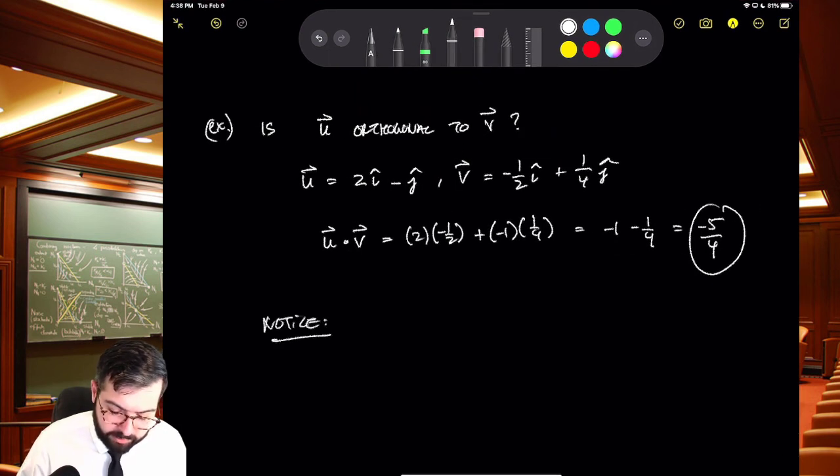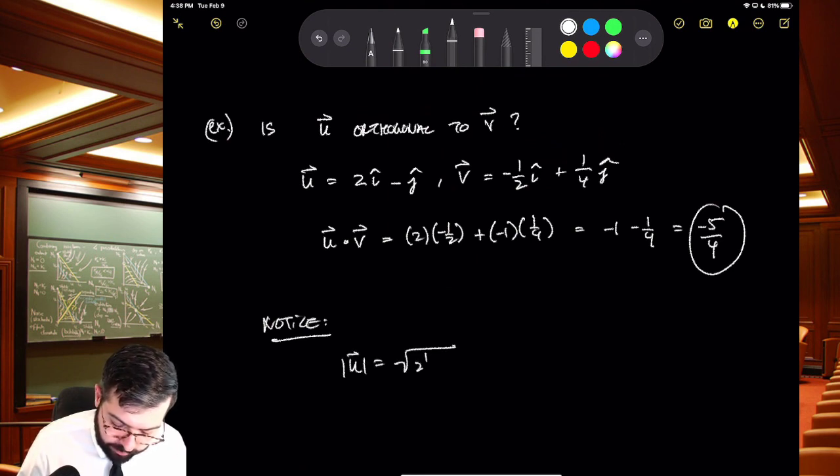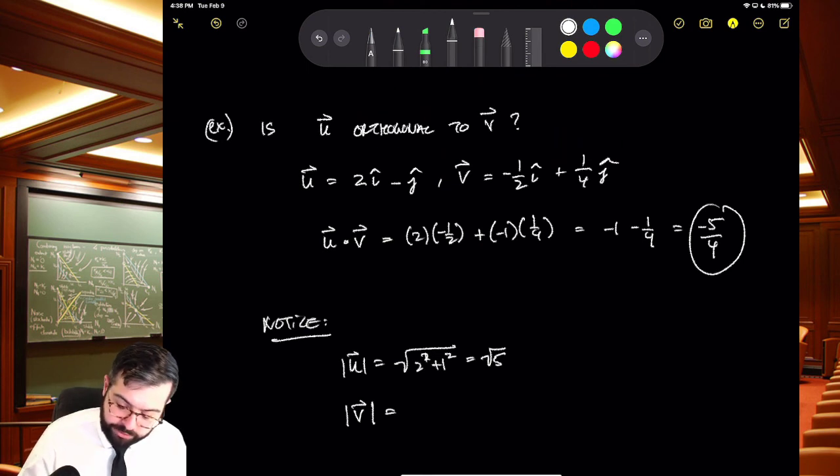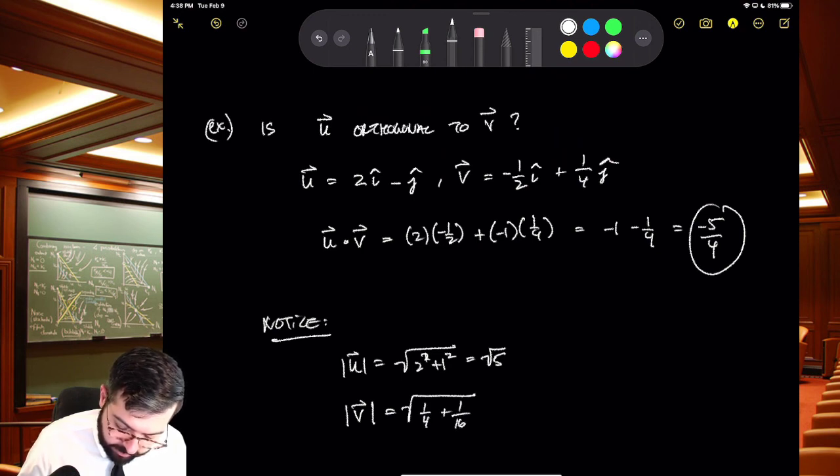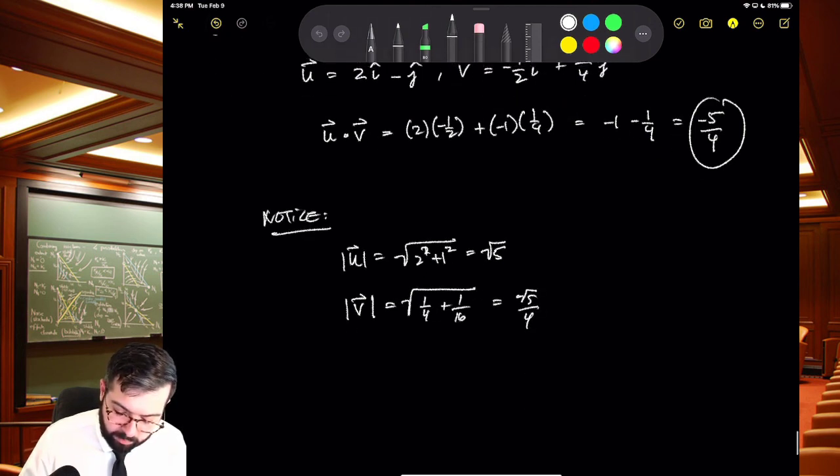But what we can also extend this idea to notice is that the magnitude of u is what? Square root of 2 squared plus 1 squared, which is radical 5. Magnitude of v is square root of 1/2 squared, which is a fourth, plus a fourth squared, which is a 16th, which is going to be what now? 5/16, so radical 5 over 4.